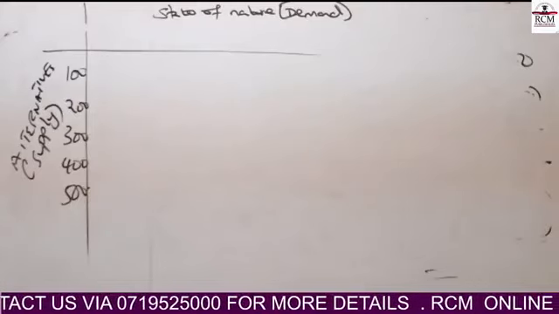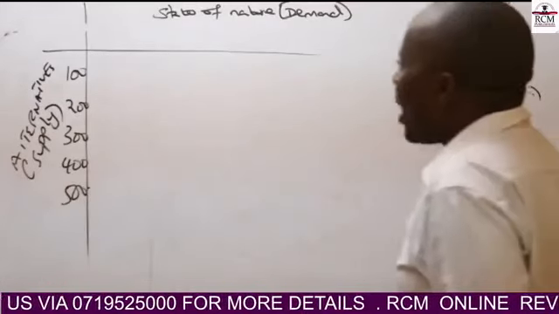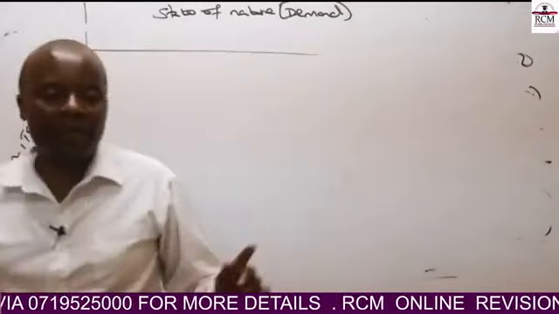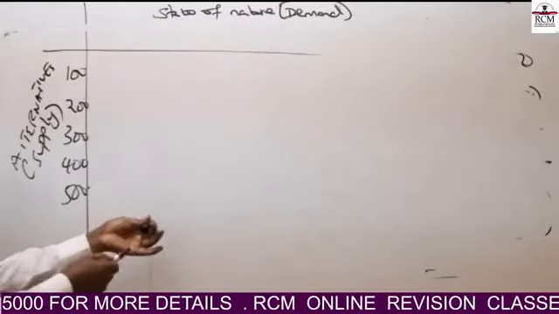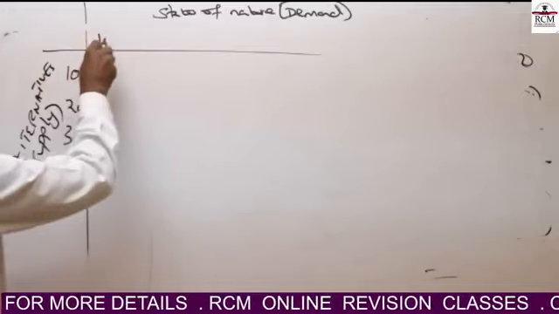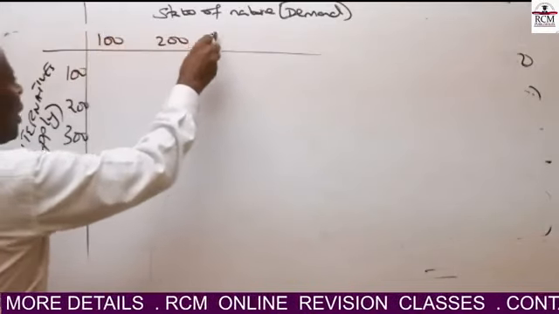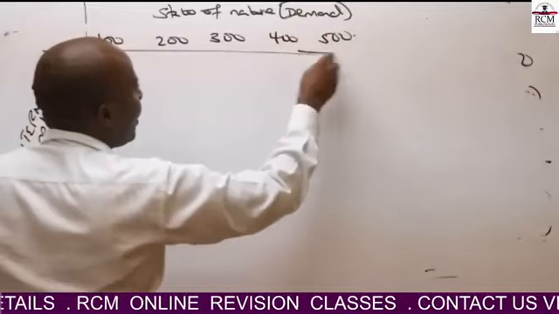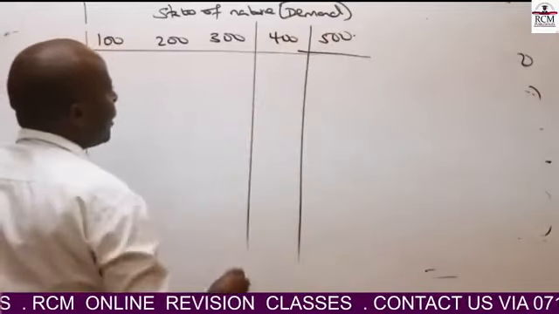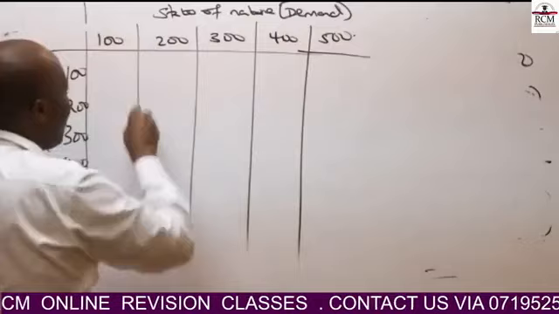So the same supply figures that you have here will be the same demand figures we should put there. So in that case, we are going to put here 100, 200, 300, 400, and then we have 500, like that. Then what we're going to do is to have our cells.